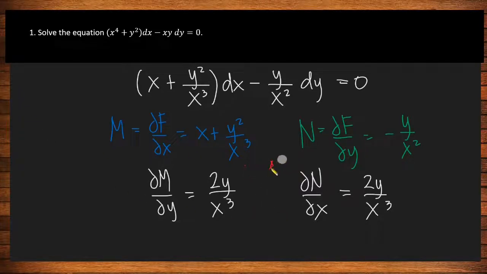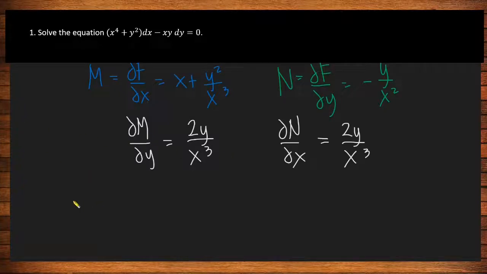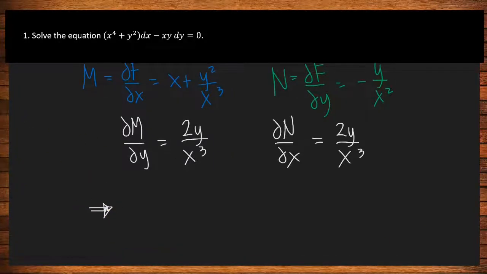So next na hahanapin na natin ngayon is yung solution ng differential equation natin. So to obtain the general solution f, again, we can either use m or n. So ngayon yung gagamitin naman natin is yung n, which is equal to negative y over x squared.